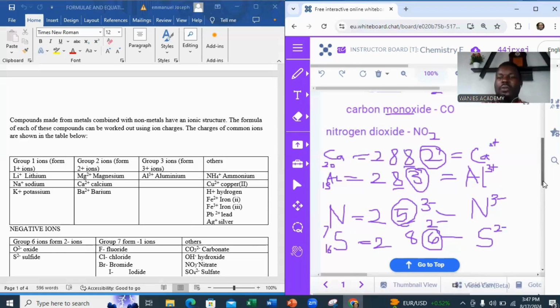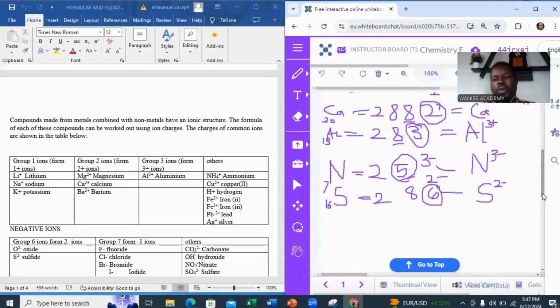So how do we give names to some of these ionic compounds? Let's start with aluminum nitride. When you have aluminum nitride, what will the formula be? Simple.